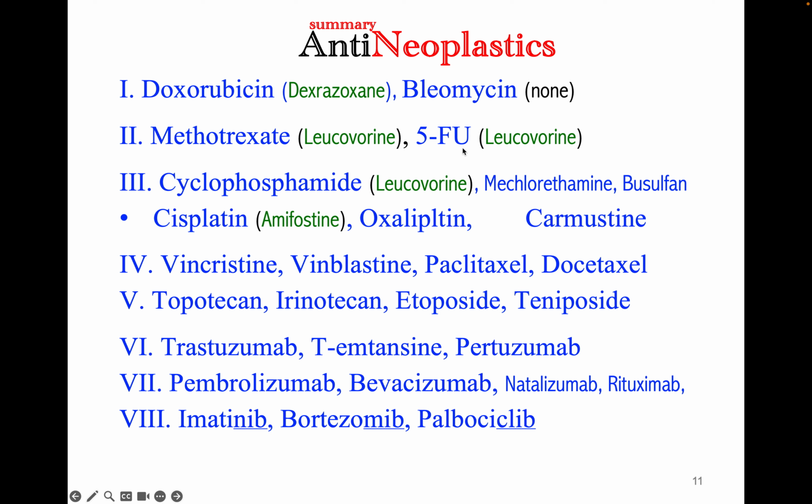This is actually a thymidylate synthase inhibitor. So remember, in antiviral drugs, we were talking about a thymidine kinase inhibitor, right? That was viral thymidine kinase, acyclovir. Remember that? So the viral thymidine kinase inhibitor is acyclovir, which we learned earlier in the previous section.